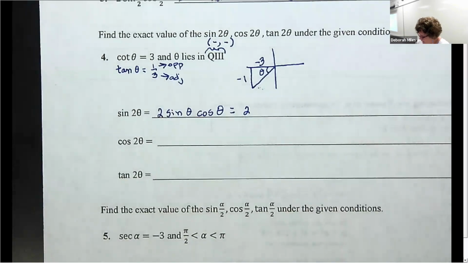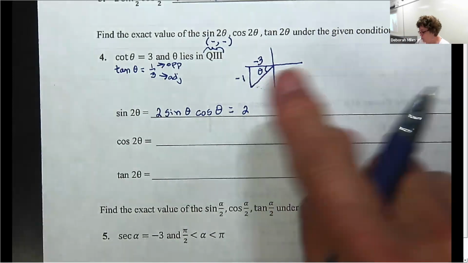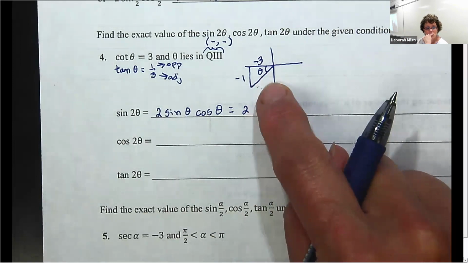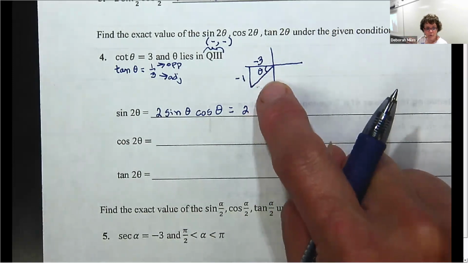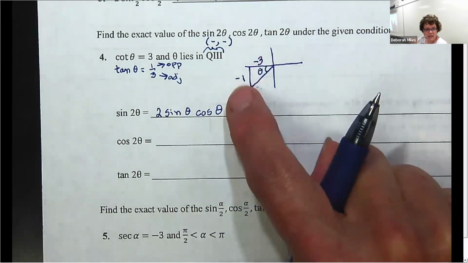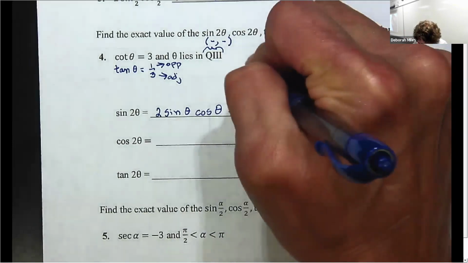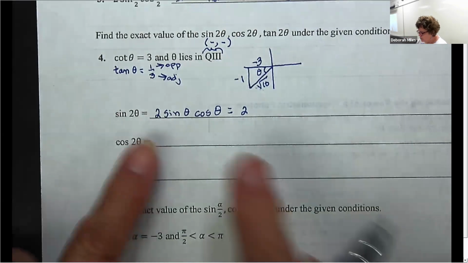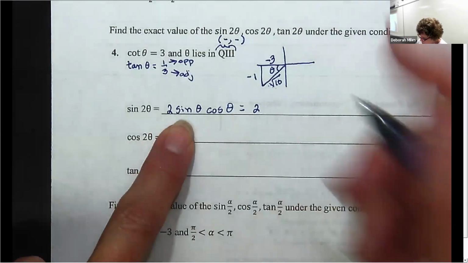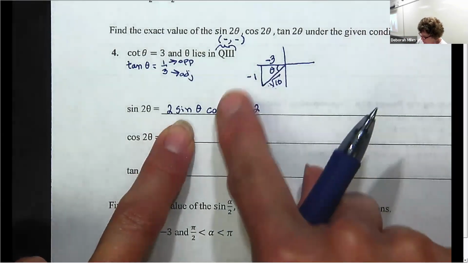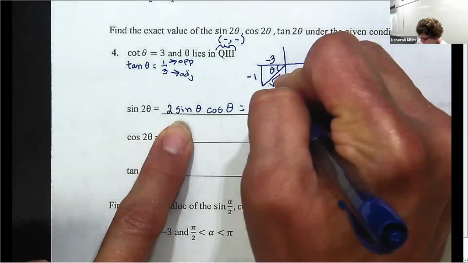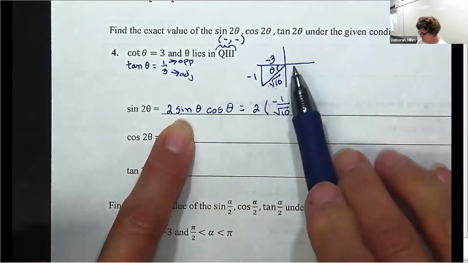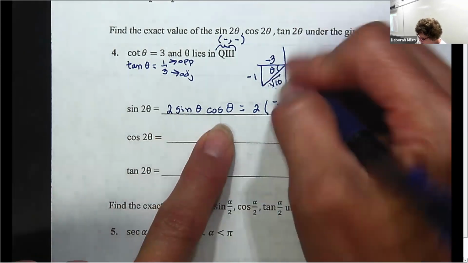So sine of theta would be, oh, we need the hypotenuse here. What would the hypotenuse be? Yeah, square root of leg squared plus leg squared, the square root of 10. So sine of theta would be -1 over square root of 10. And cosine of theta would be -3 over square root of 10.